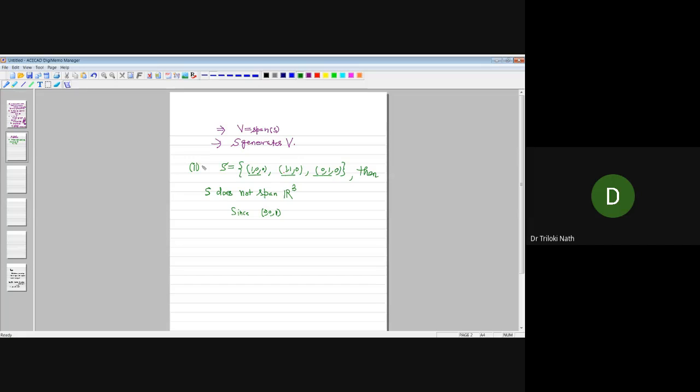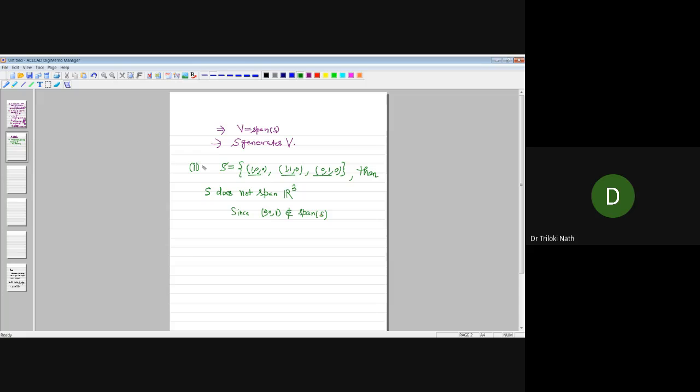So you cannot create a non-zero third coordinate by any scalar multiplication of these vectors. That means whatever linear combination you make from these vectors, you cannot find 1 in the last coordinate, because the last coordinate for every vector is 0. So you cannot make it non-zero. That's why this vector (0, 0, 1) does not belong to span of S.